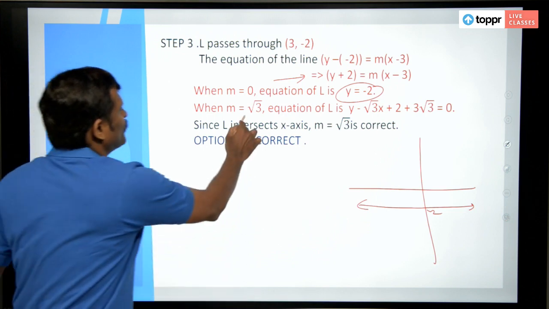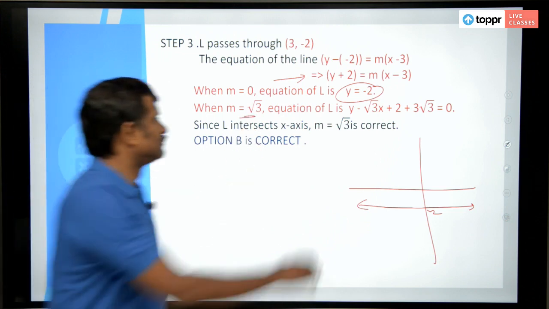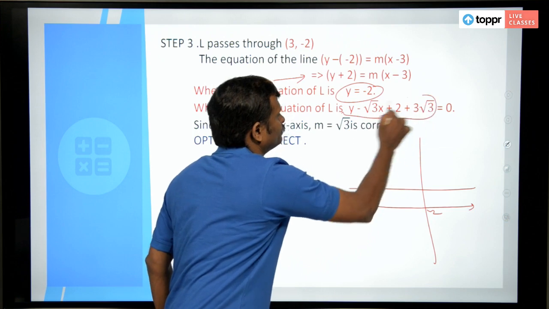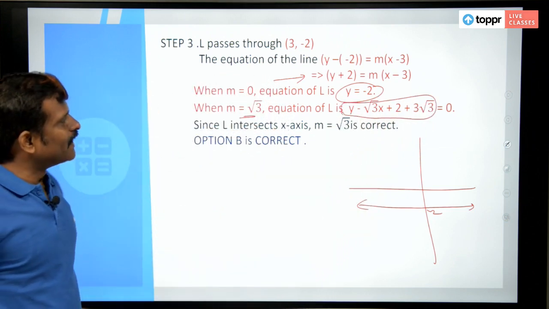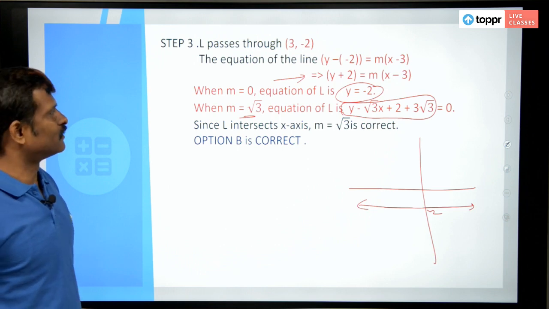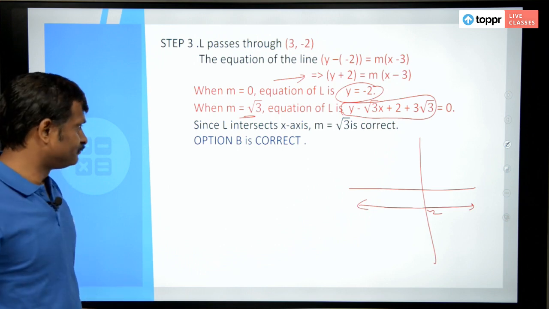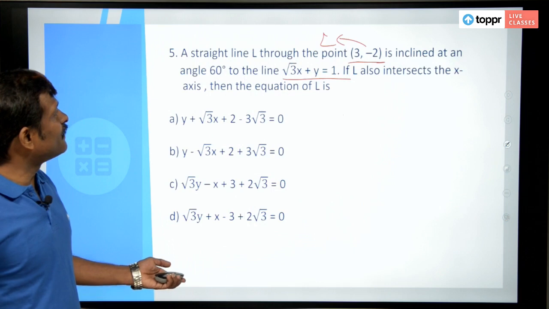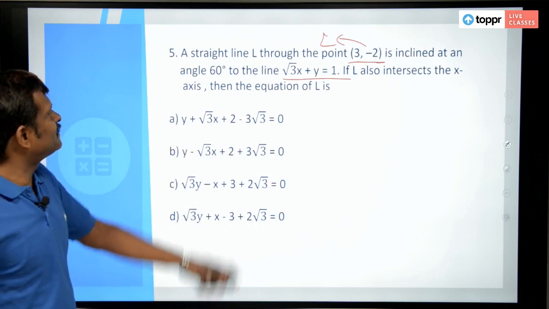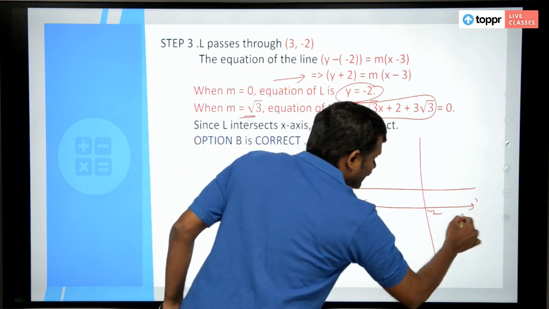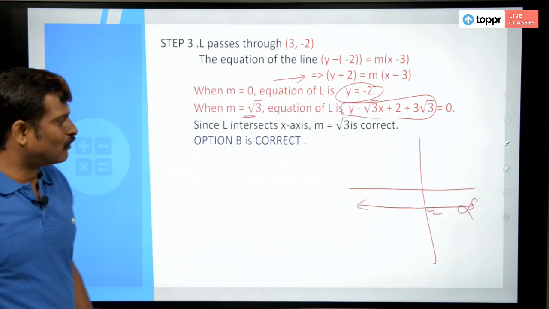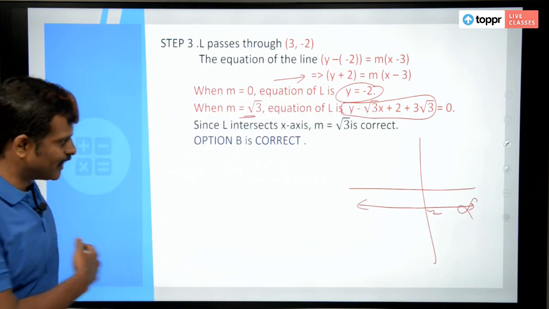And when m is equal to root 3, what will be the equation? This is the equation. If m is equal to root 3, the equation is y minus root 3 x plus 2 plus 3 root 3. You just substitute the value there. Now, what is given to us? It intersects the x axis. Now, if you look at this, is this intersecting the x axis anywhere? No, right, it is parallel to the x axis and it is cutting the y axis at minus 2.